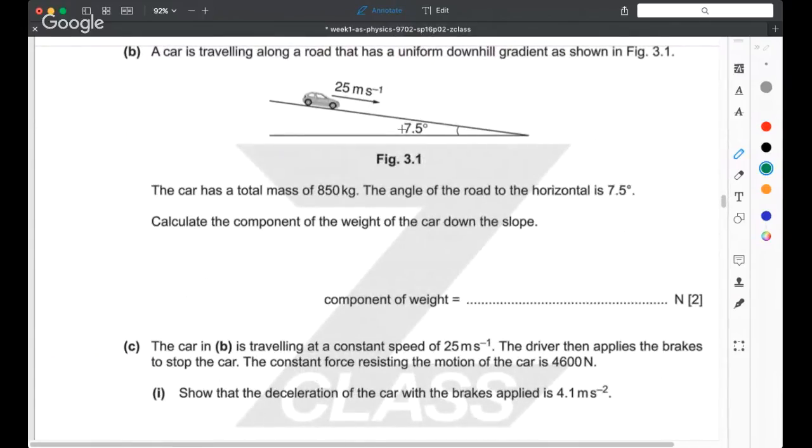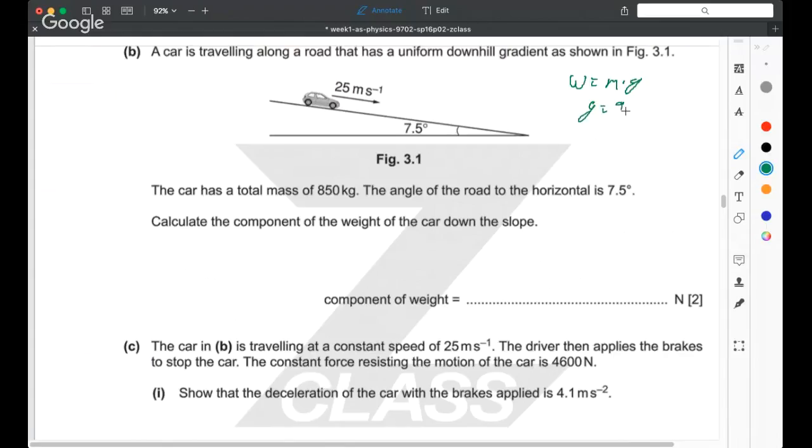Okay, part B. How do you solve B? Calculate the weight, which gives you the mass. W is mass times gravity.